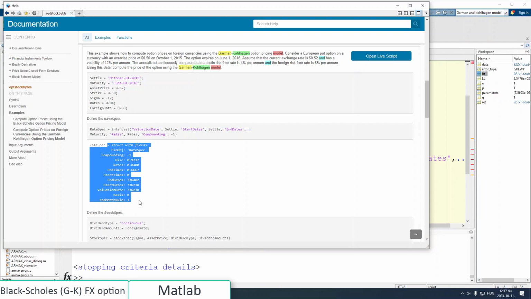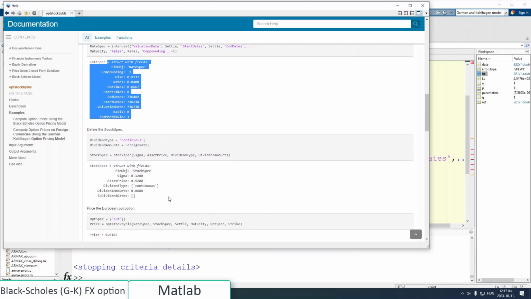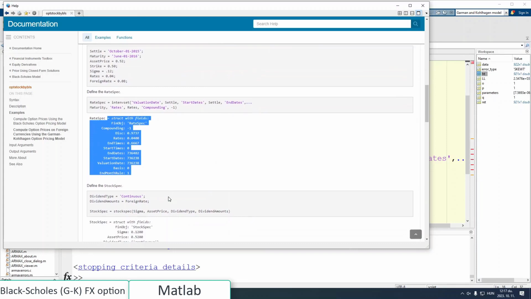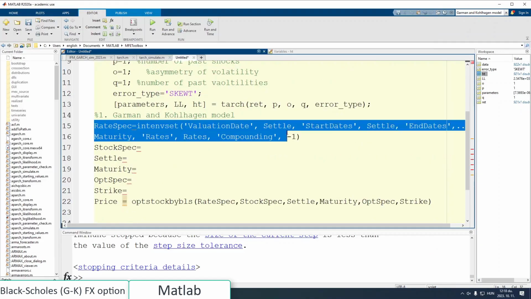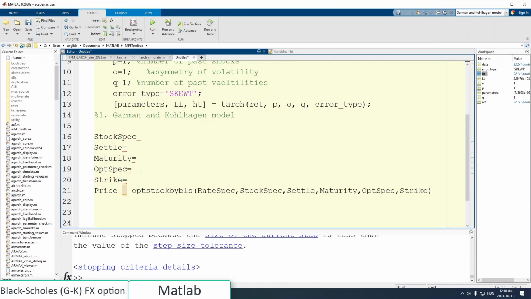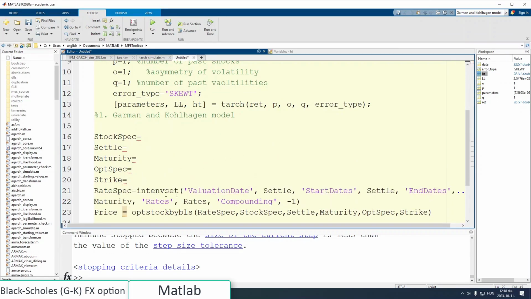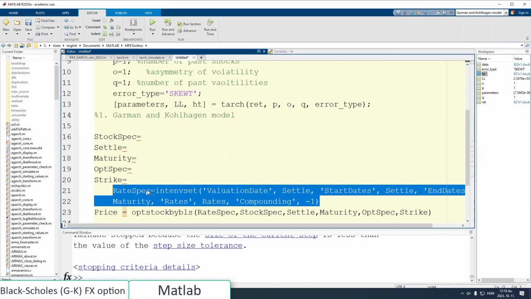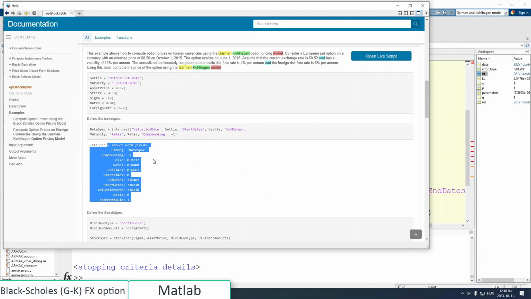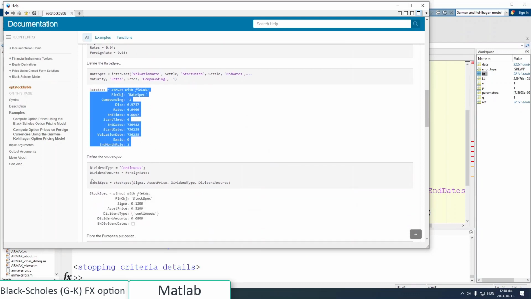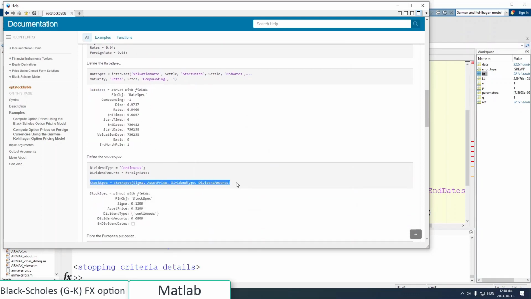I don't know why it's good for them, but okay, we have to use this thing. So first of all, rate spec must be moved downwards because this will just collect inputs. Stock spec is doing the same thing, just it's located here.